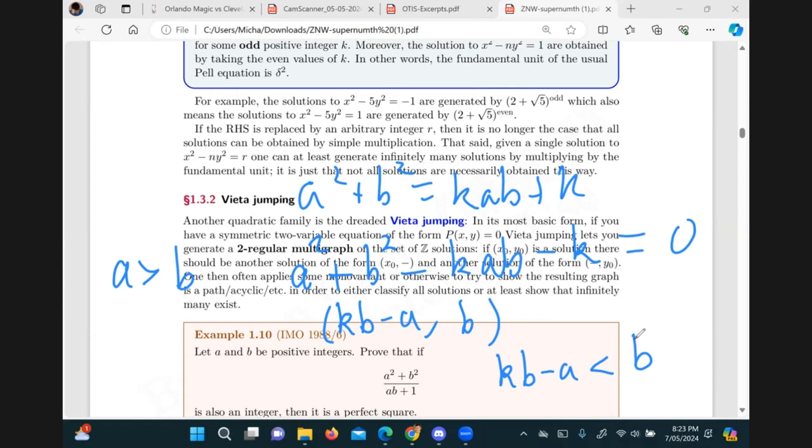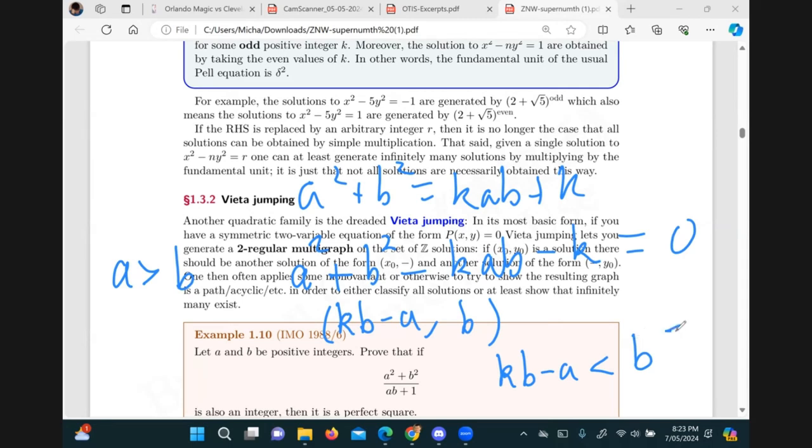If it's smaller than B, it's smaller than A. So we want to prove it's less than B so that we can jump again the next time. We just keep decreasing A, B, and eventually it's too small. Because if it doesn't change, then you can't do the next thing. You're just going back.